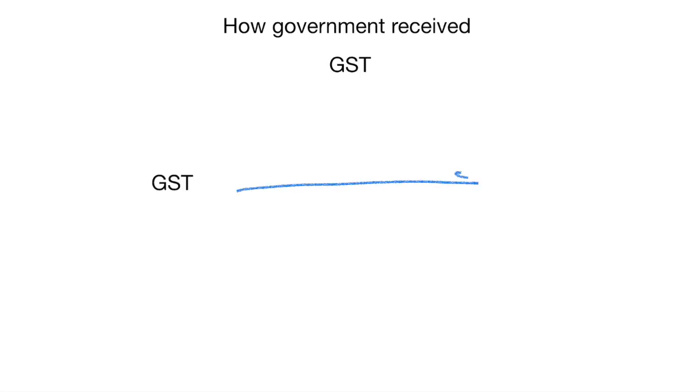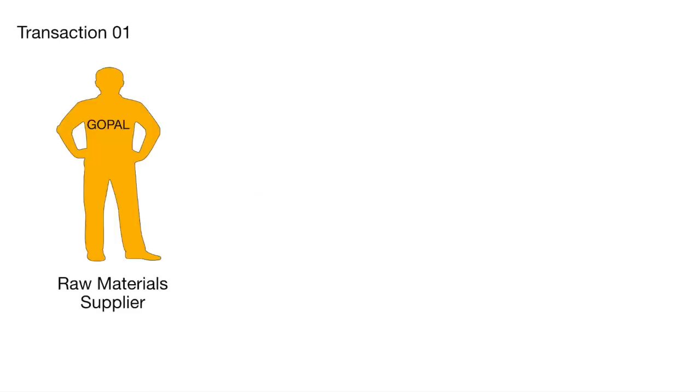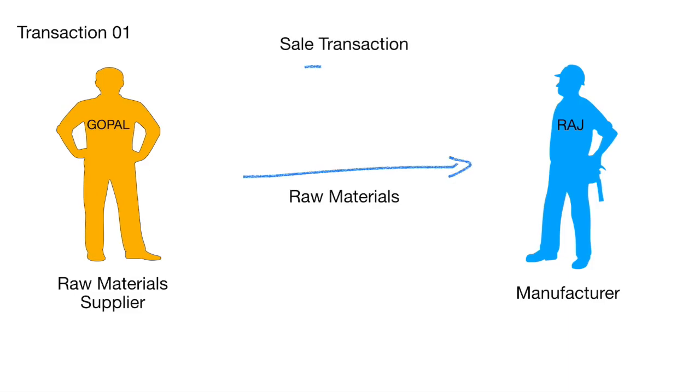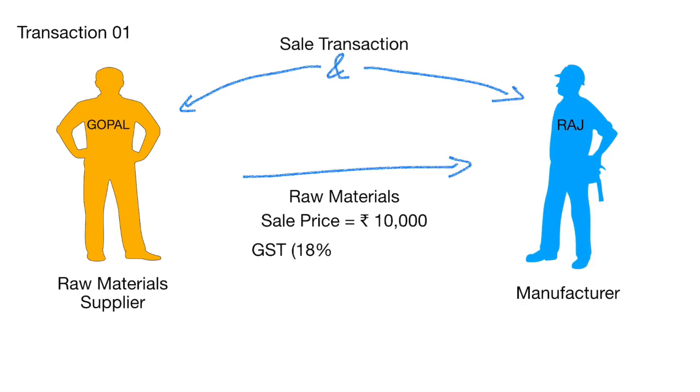Let us understand again how the GST reached the government. GST is charged on sale. In our transaction number 1, there was a sale transaction between Gopal and Raj, where Raj purchased raw materials from Gopal at a sale price of 10,000. Because this was a sale transaction, GST is applicable on this transaction.